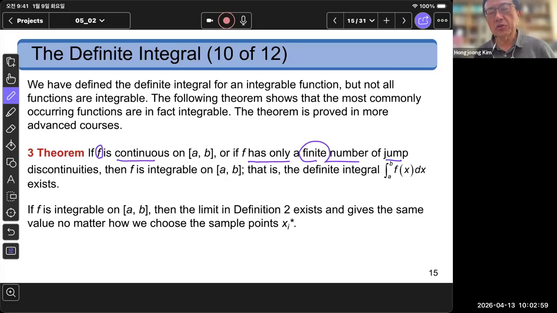What is a jump discontinuity? Please remember, a finite number of jump discontinuities or removable discontinuities, then your function is integrable and the definite integral exists.